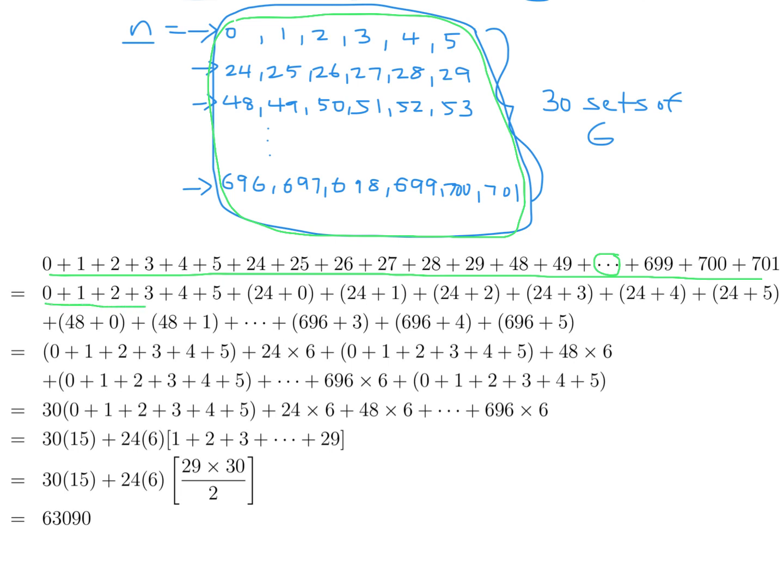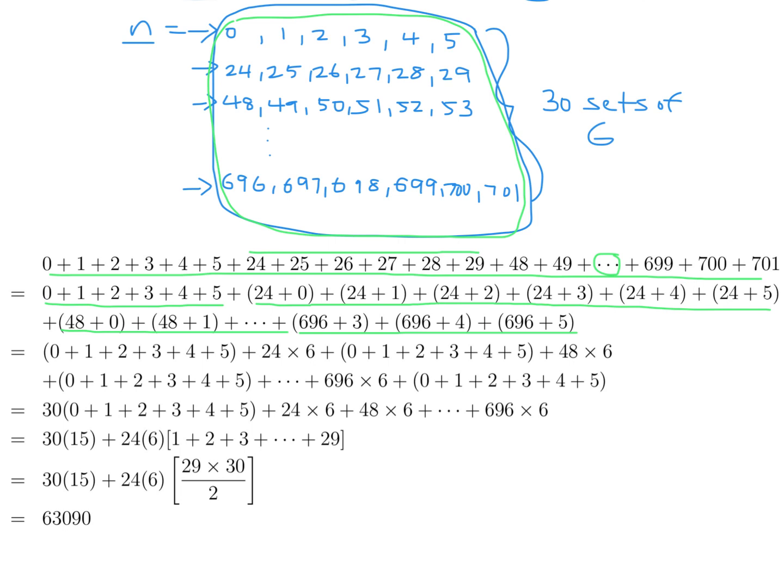So the first ones, you just leave alone. But the next one, if you notice, it's 24 plus 0, 24 plus 1, 24 plus 2, and so on. So a little bit of a commonality there, that each of these are going up by ones. And similarly, 48 plus 0, plus 1, all the way. And then similarly, the last ones.